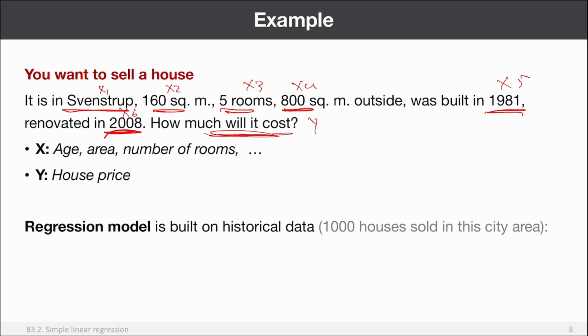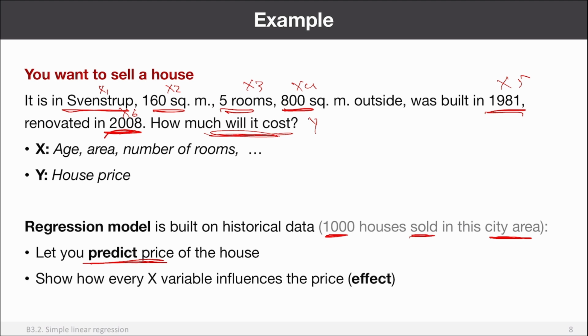So it means that you need information about houses, for example 1,000 houses, or maybe 100 houses or 10 houses that were sold in this city area in Svenstrup, for example, in the last couple of years. And then you train this model, you find these coefficients, and then it lets you predict the price of the house. So that's the first outcome, and that's the main outcome in this case.